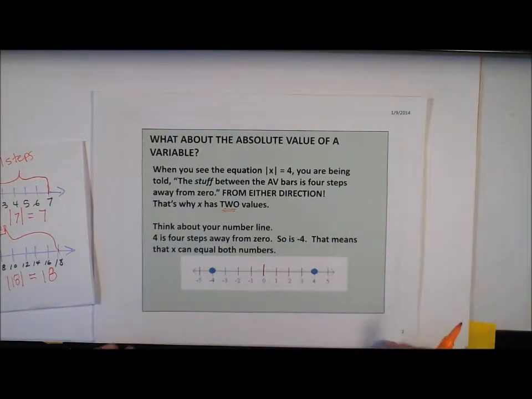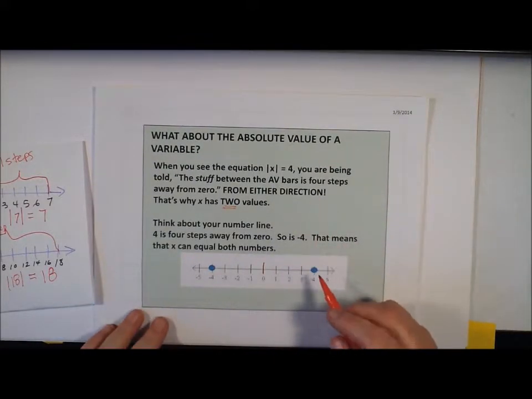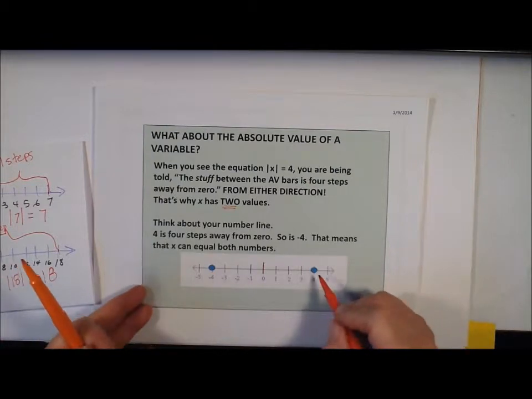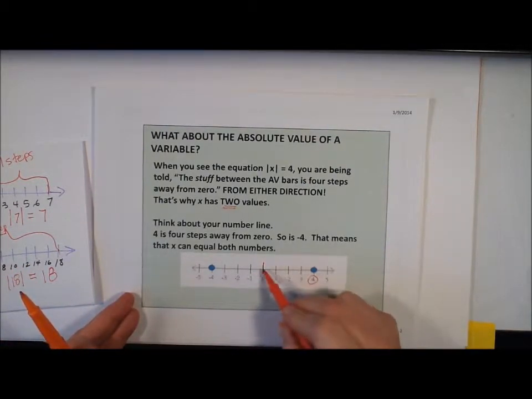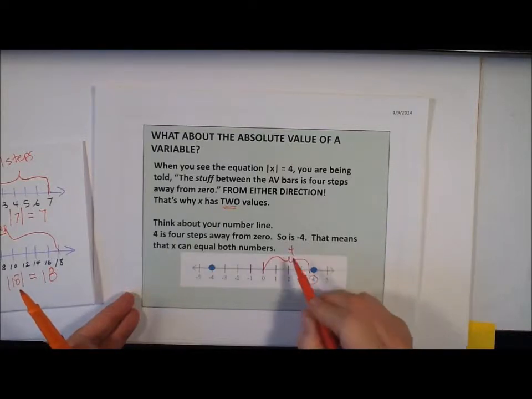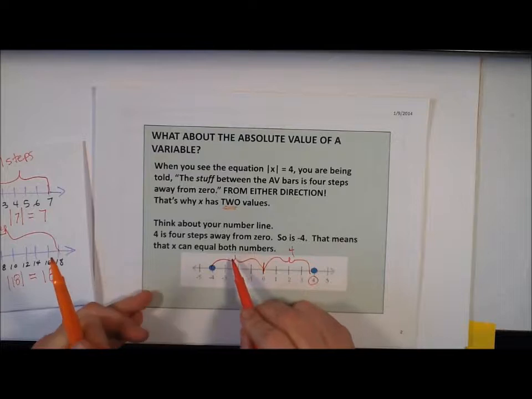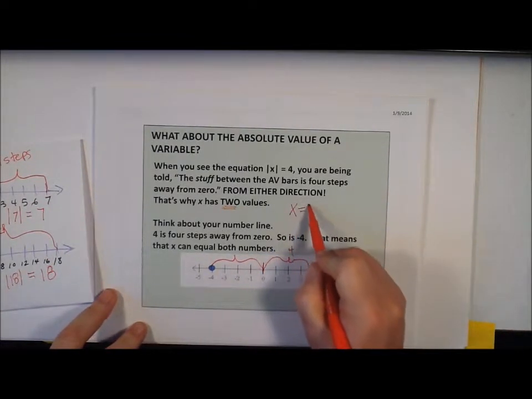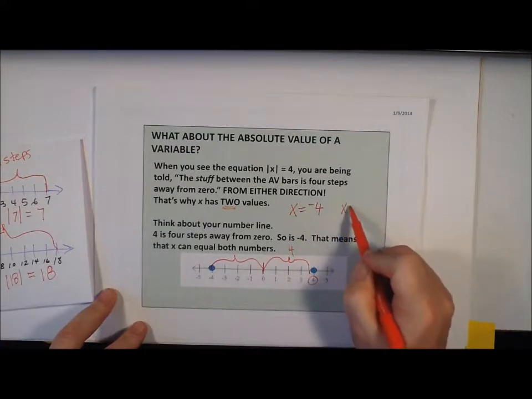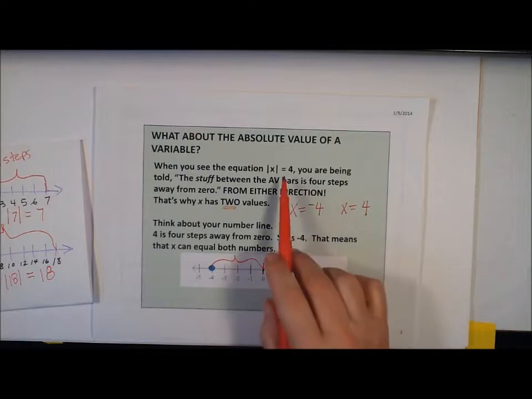So again, let's take a look at the number line and try to solve for x. 4 is 4 steps away from 0, but -4 is also 4 steps away from 0. So that means that x can equal -4 or x can equal +4. Both of those will make this true.